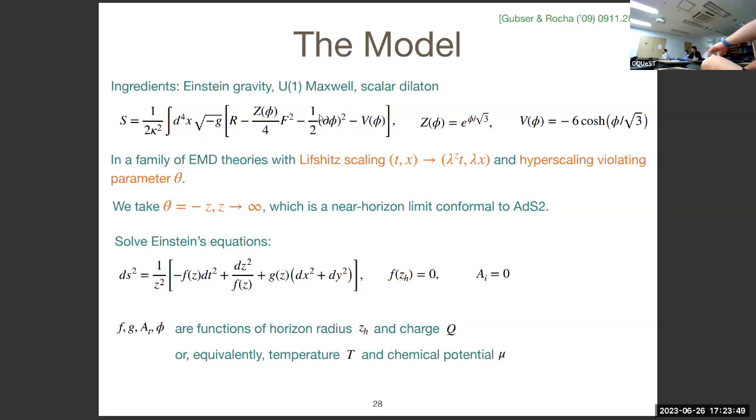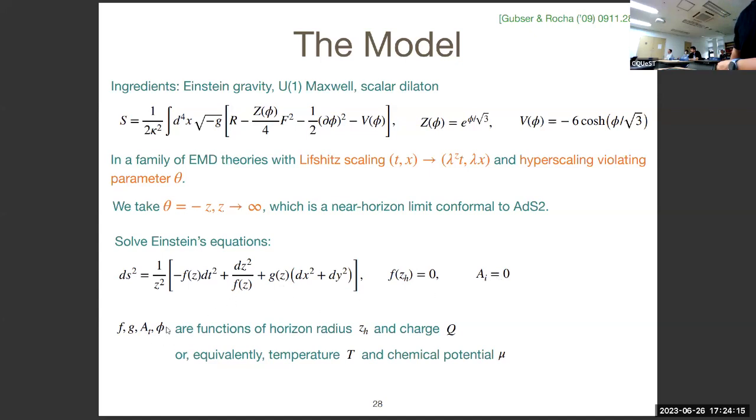Anyway, okay, so we have to solve Einstein's equations in this horrendous system. I'm going to look for a solution that has this particular ansatz that looks like a black hole so that I can have a temperature. So there's a horizon associated with this black hole where this blackening function vanishes. And then my job is to solve for F, G, and A_t. I'm going to gauge fix A_i to 0 and phi.